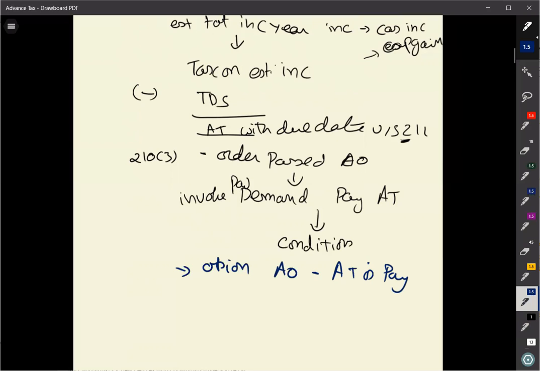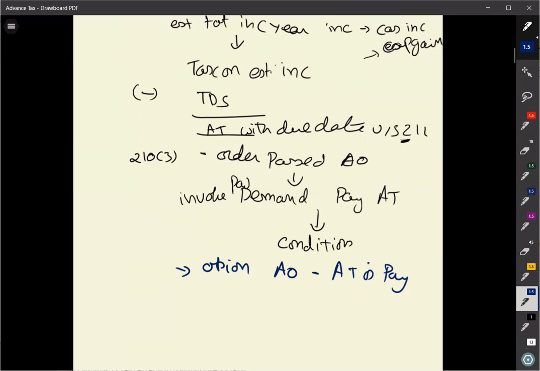If not, something less than 25,000, but it cannot be less than 10,000. So the assessing officer feels that as last year you paid tax of 25,000, this year also you will have more than 10,000, but you have not paid advance tax. The assessing officer sends you a notice saying that, in my opinion, you need to pay advance tax.